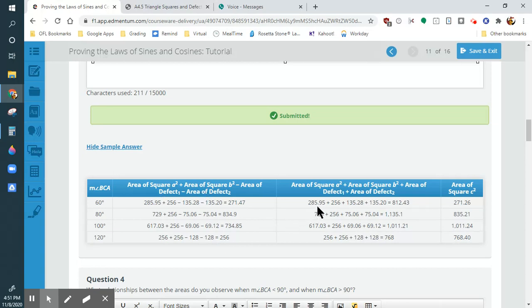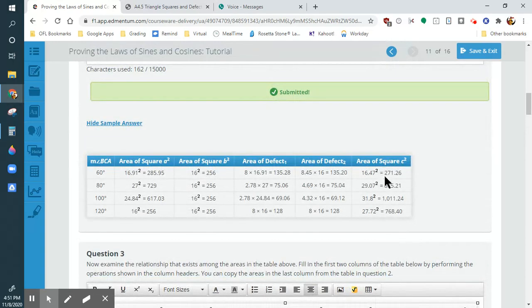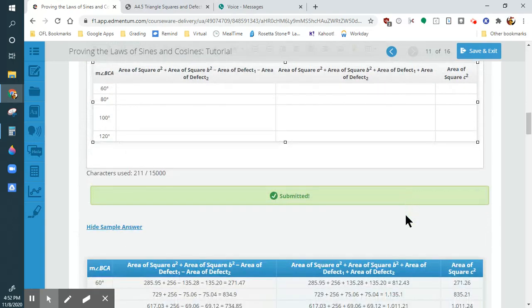And this is added. Oh, okay. I see. They're showing that if we do the area defect, it's going to be the same as c squared. So c squared, that one is basically changing. Our c kept increasing in length. I didn't show that last time, but our c increases in length, and then after 90 degrees, oh, even up to 90 degrees, except at 120 it starts decreasing. So that's kind of interesting.